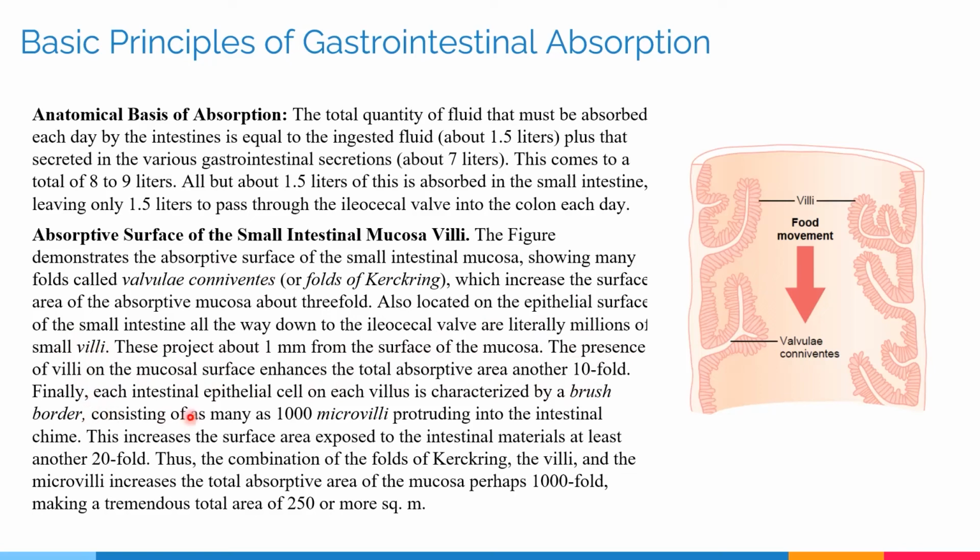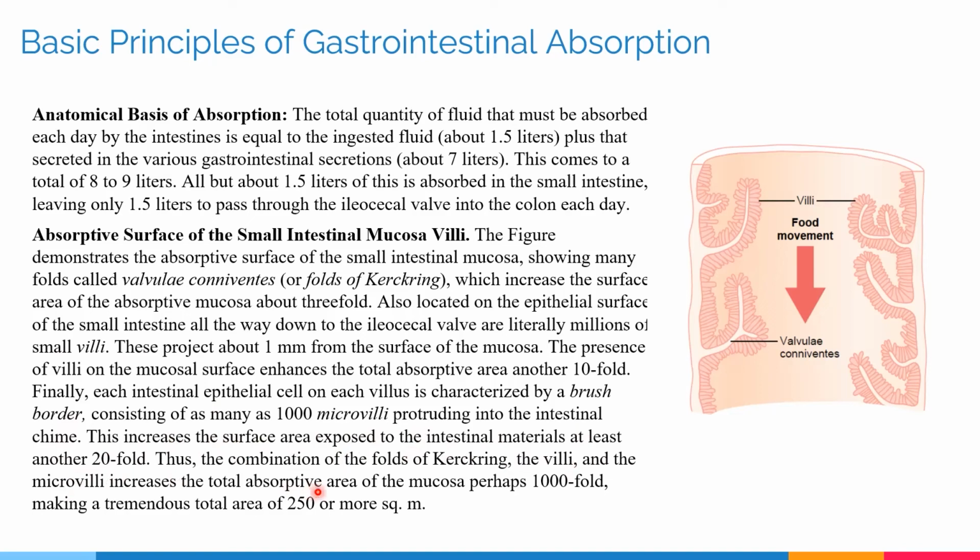Finally, each intestinal epithelial cell on each villus is characterized by a brush border consisting of as many as 1,000 microvilli protruding into the intestinal lumen. This increases the surface area exposed to the intestinal materials at least another 20-fold.